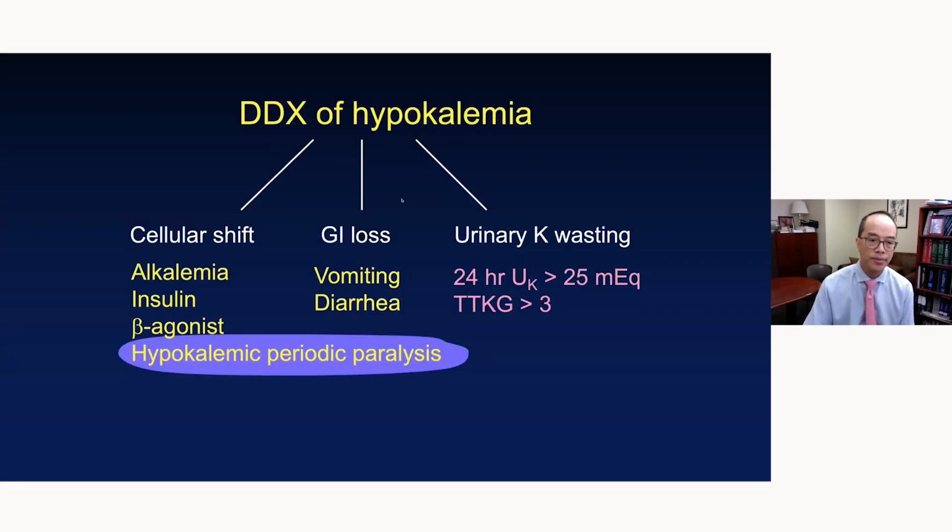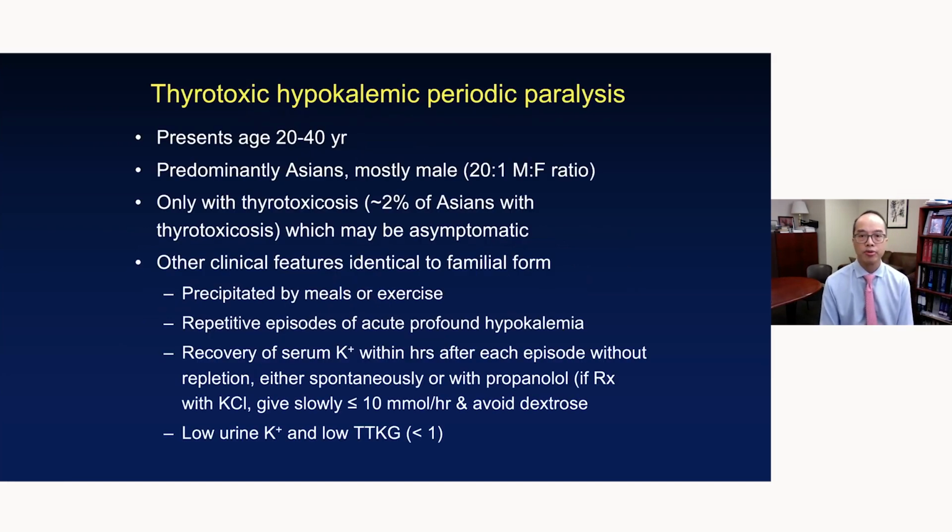Severe hypokalemia like this should suggest to you a cellular shift condition, particularly in this case where the urine potassium is extremely low. So this patient's presentation suggests hypokalemic periodic paralysis.